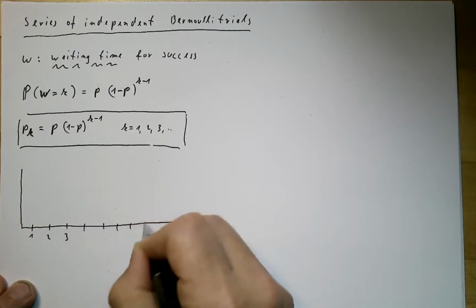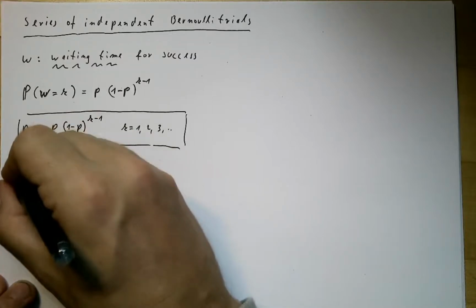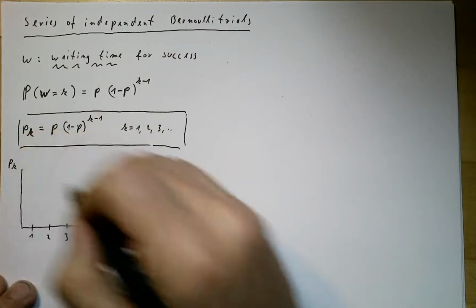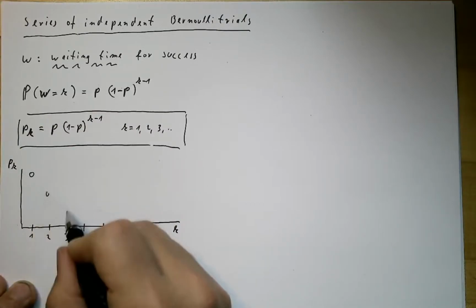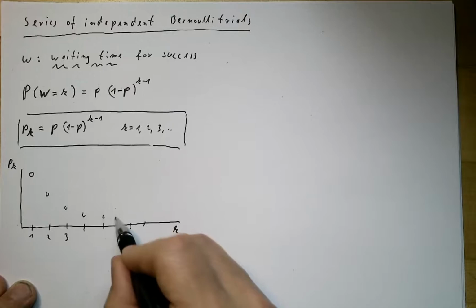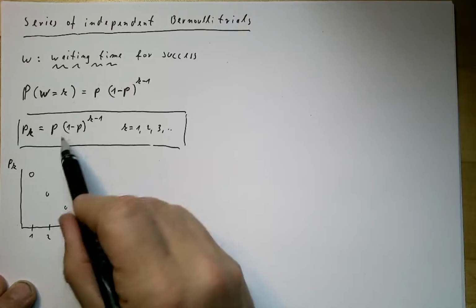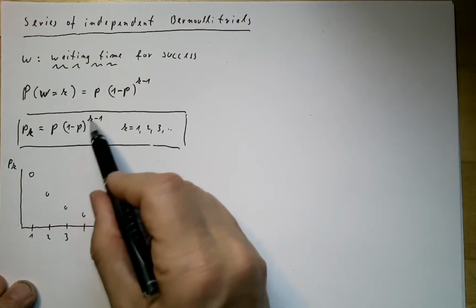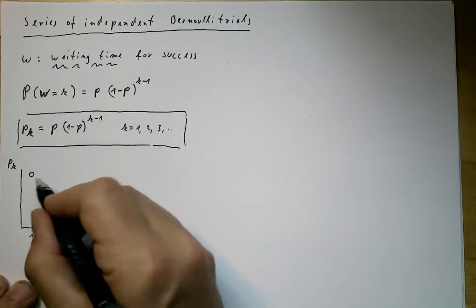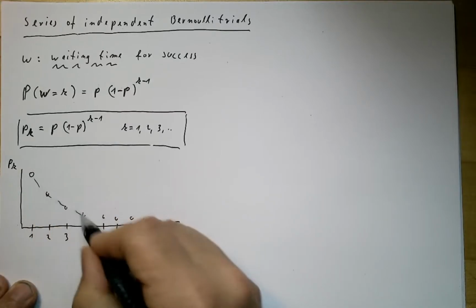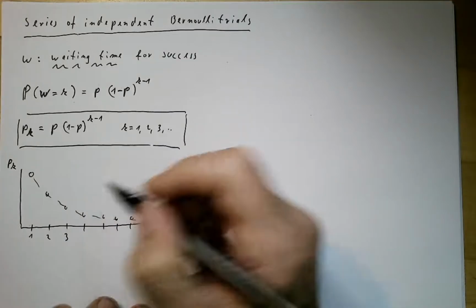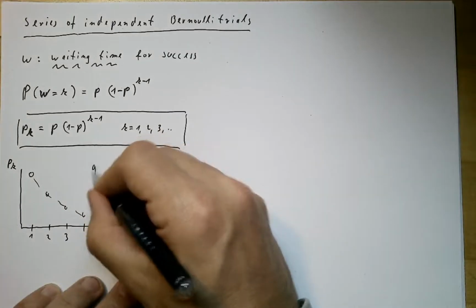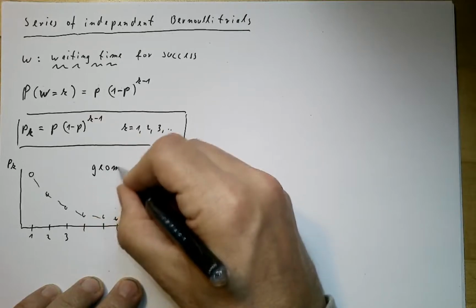That's k. Here we have our p_k. We start somewhere here, and you see that this is a function in k. It's an exponential function in k, so it's a distribution which decays exponentially. And this distribution is called the geometric distribution.